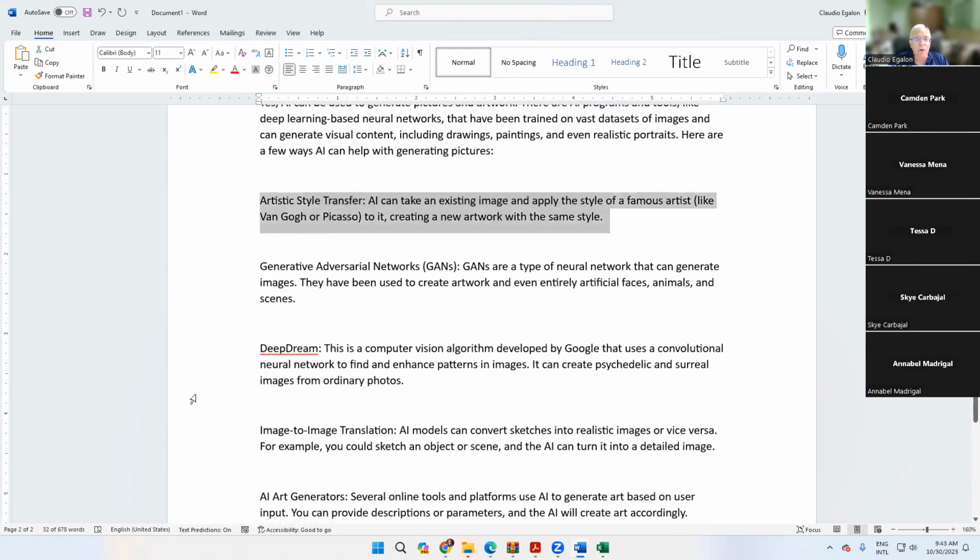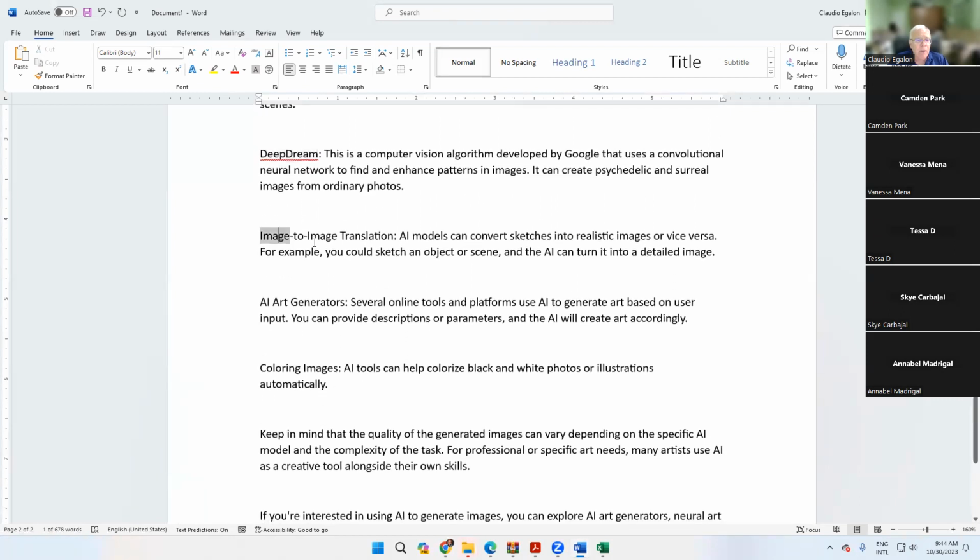Artistic style transfer, that's a type of AI, generative adversarial networks, Deep Dream. Deep Dream is available there for free. I started using Deep Dream, but I didn't like it. It doesn't do the illustrations that I specifically asked for. I do not know why. Okay, image to image translation and so on, right?